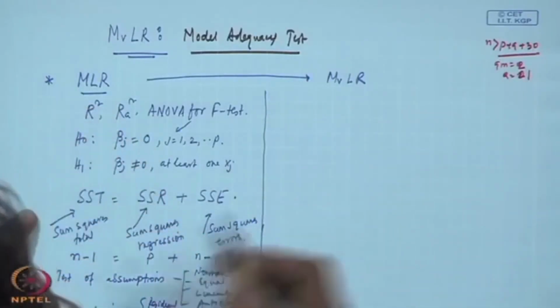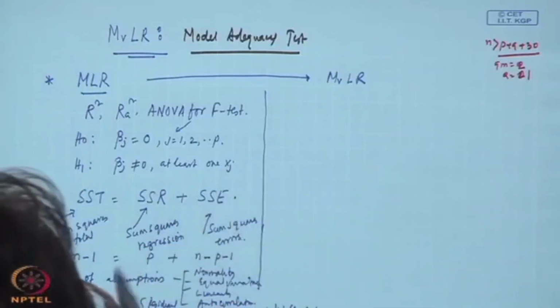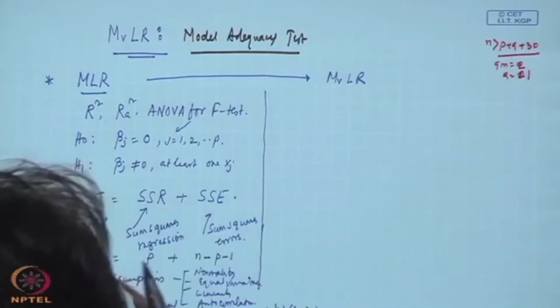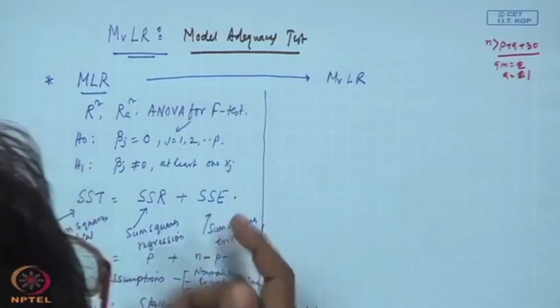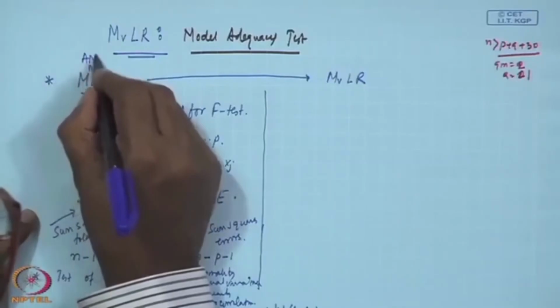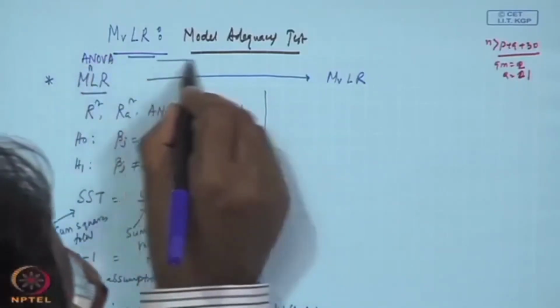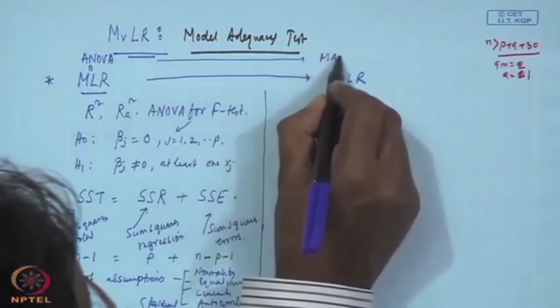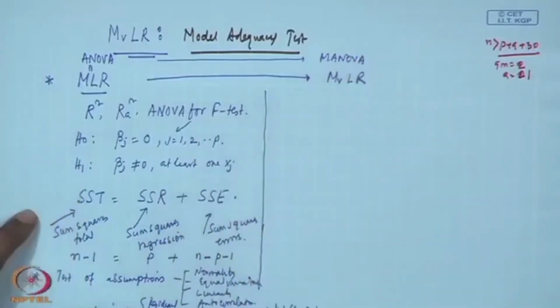And if you use a little more imagination, then you will find that just as MLR is related to ANOVA, MVLR is similar to MANOVA. Getting me?